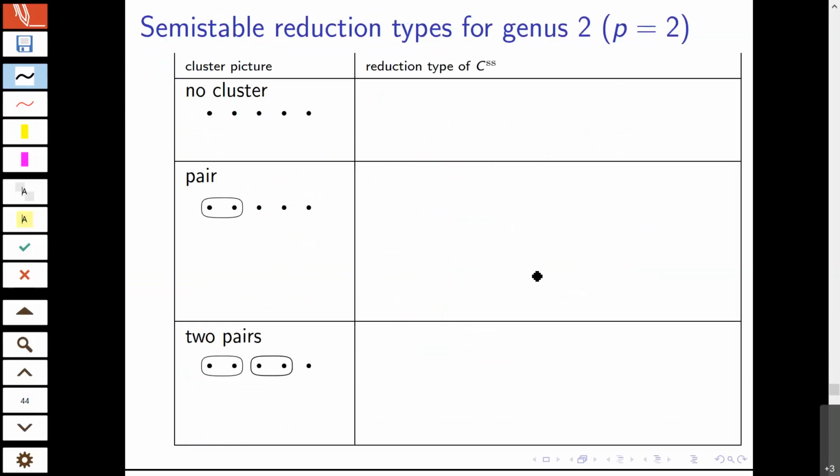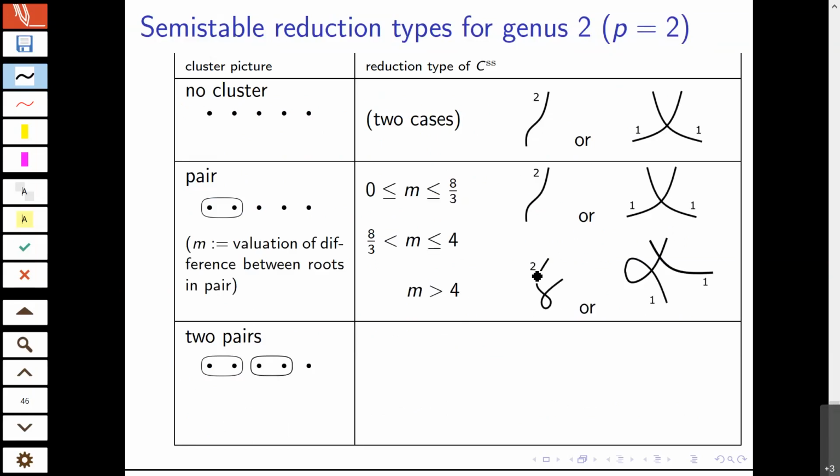that mostly Leonardo figured out, where now even no cluster does not necessarily give you a smooth curve in the semi-stable model or a smooth reduction. It could, or it could give you 2 elliptic curves meeting at a node. A pair gives you these complicated 4 cases, where there are more nodes from the curve intersecting itself when the p-adic distance between the 2 roots is greater than 4.